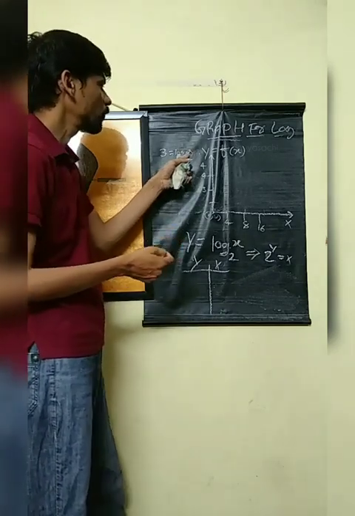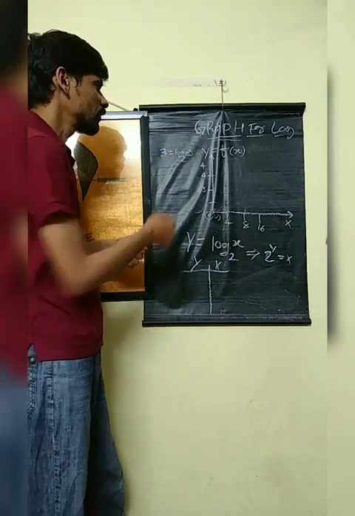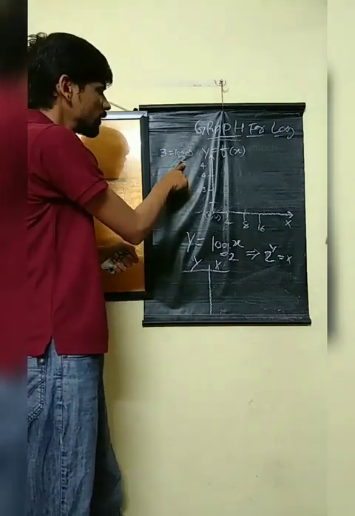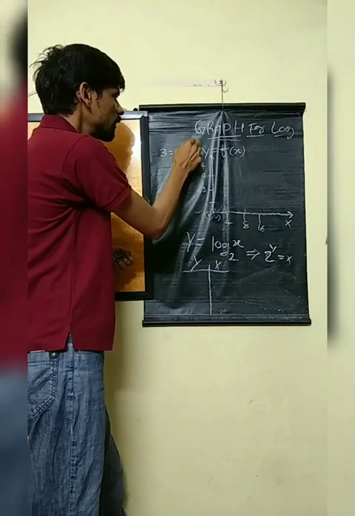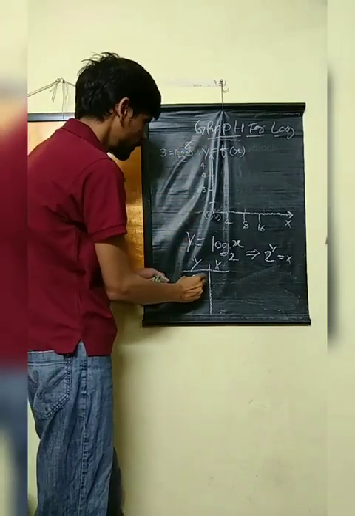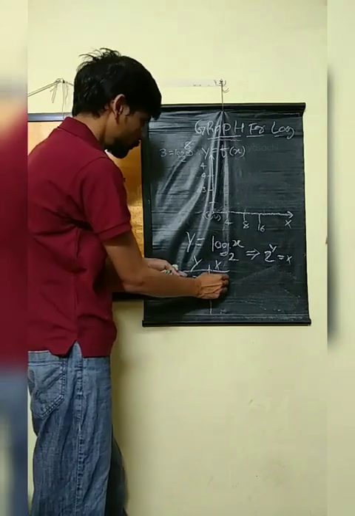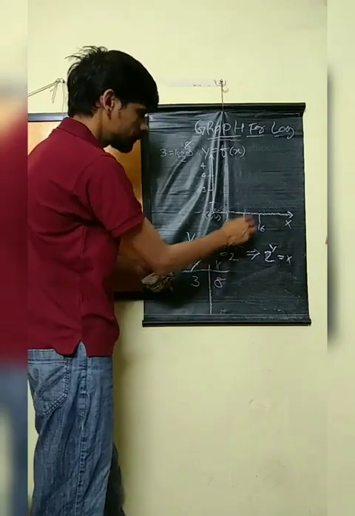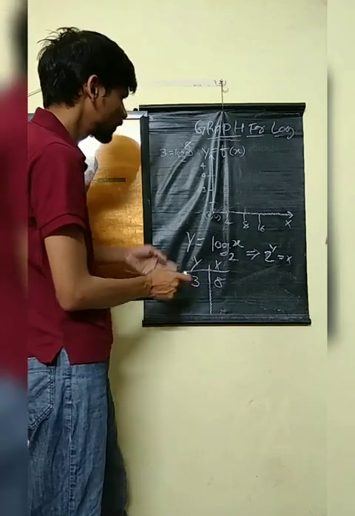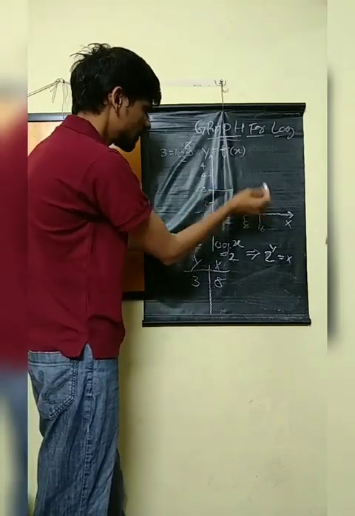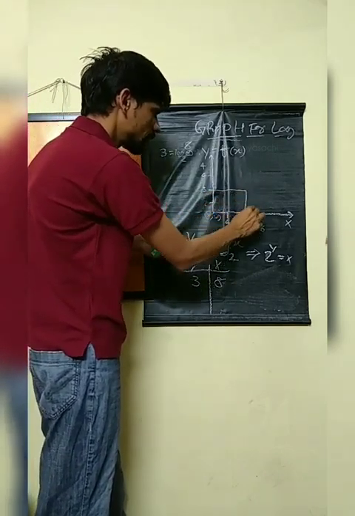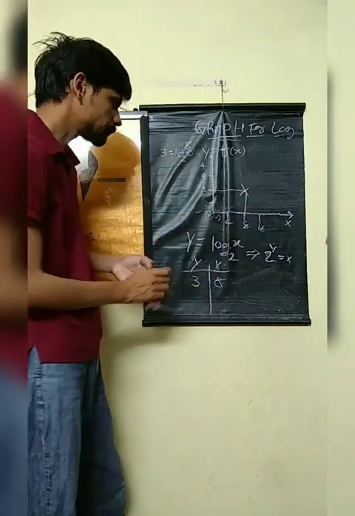I am doubling up 3 times, so this value will be 8. So when my y value is 3, my x value is 8.